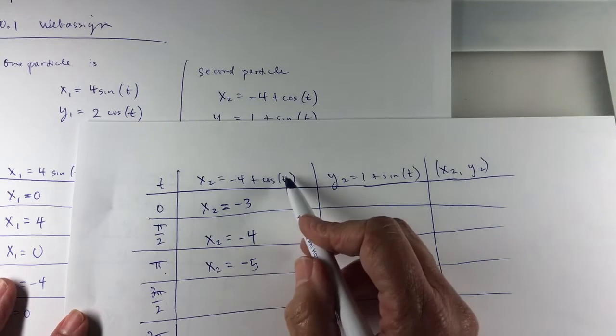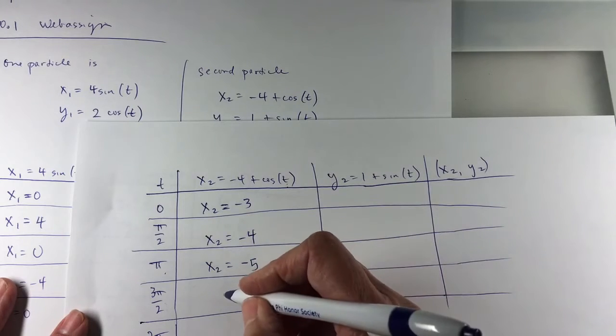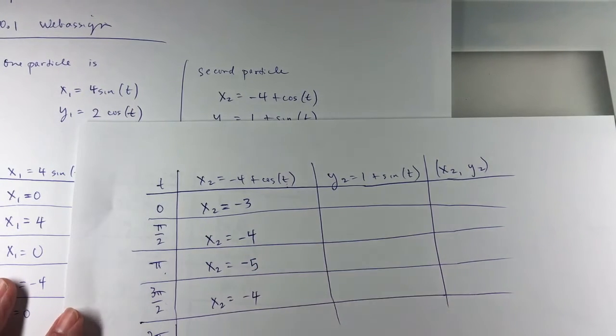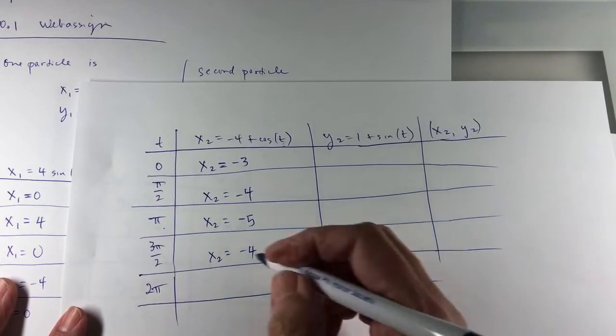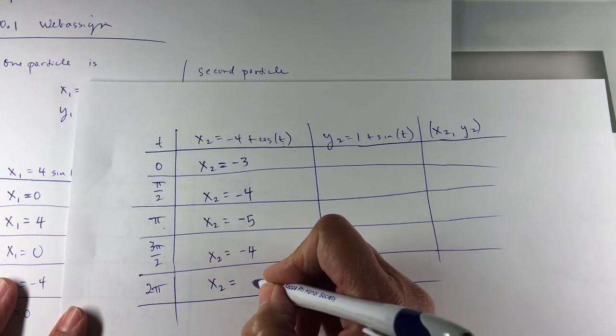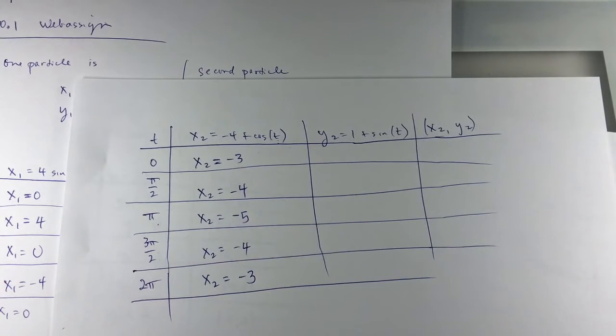For 3 pi over 2, the cosine is 0, so x sub 2 is negative 4 plus 0. And for 2 pi, the cosine of 2 pi is 1, x sub 2 will be negative 4 plus 1, which is negative 3.